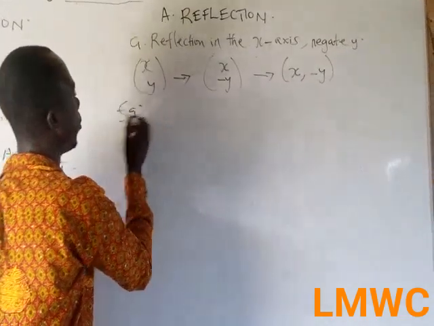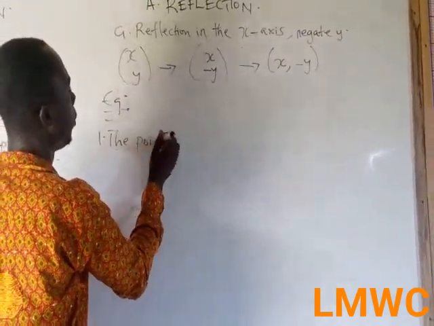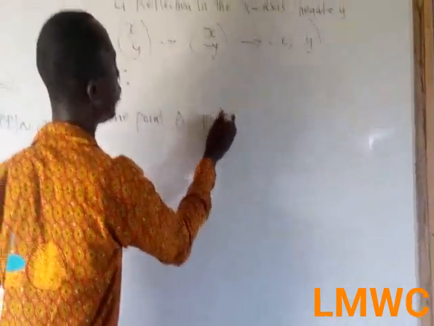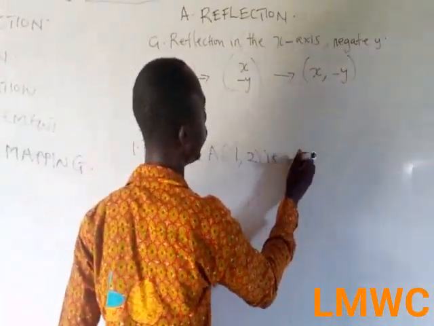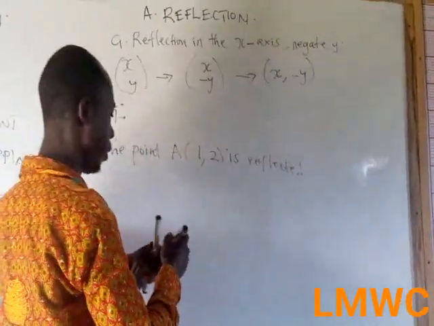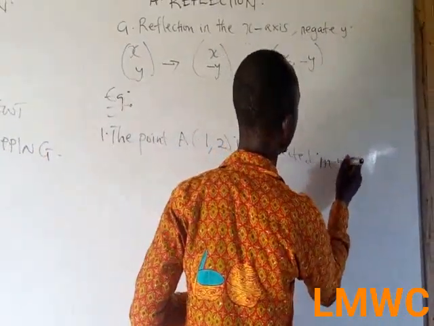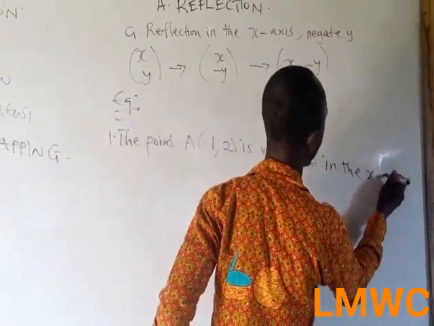Example 1. The point A (1, 2) is reflected in the x-axis.